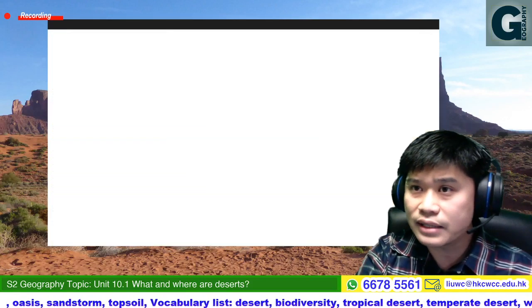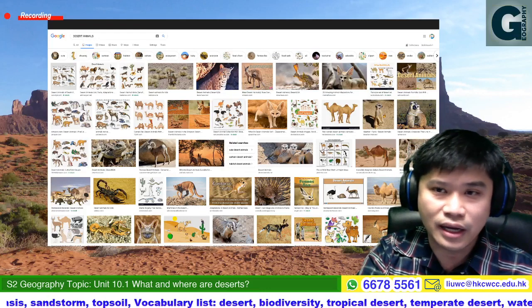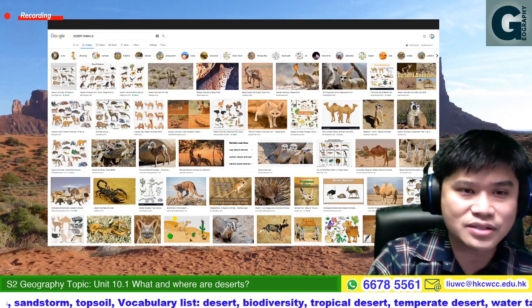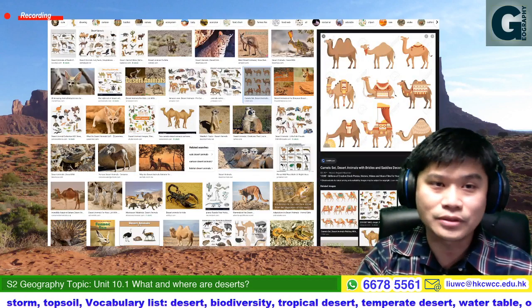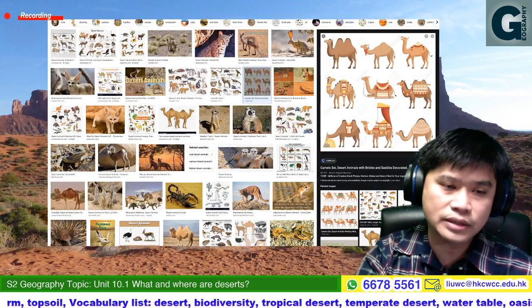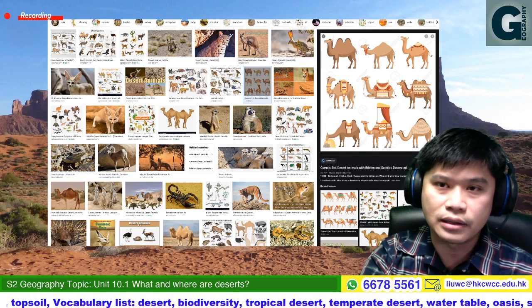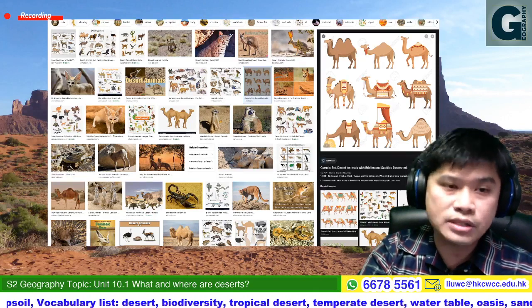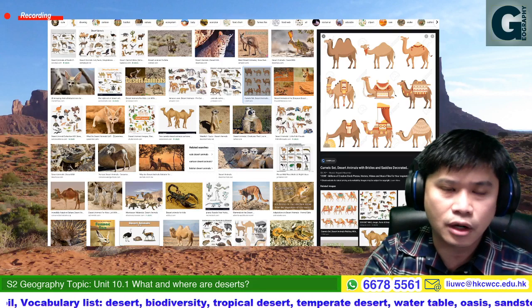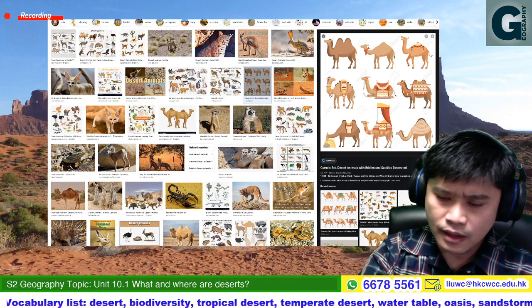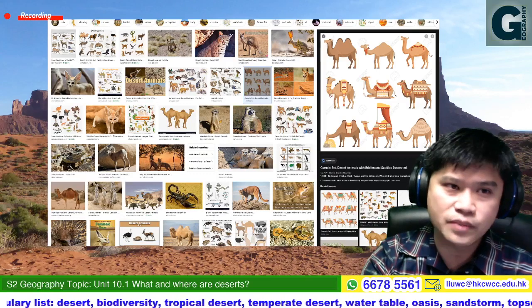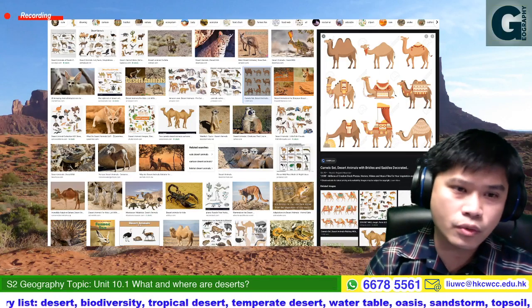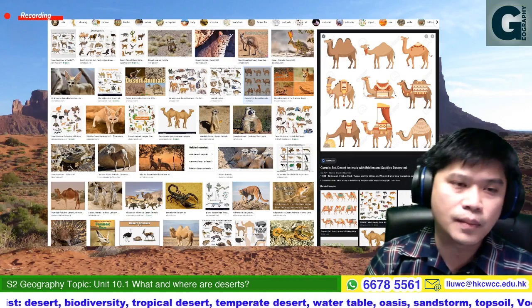And then for other desert animals, one of the famous desert animals would be the camel. Actually, camels are one of the species that store moisture in their body well.